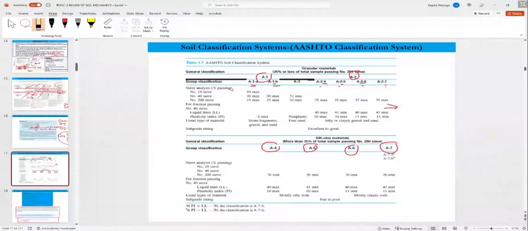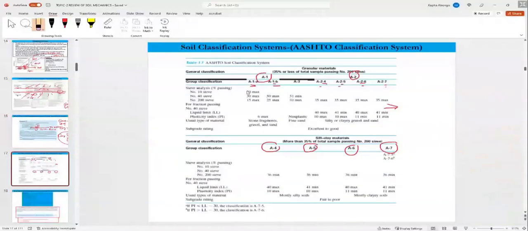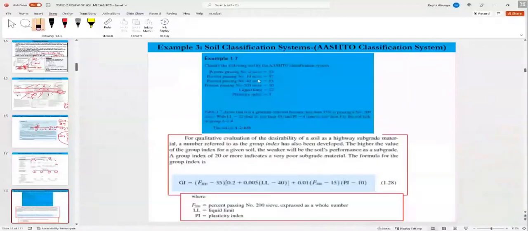Okay, so it'll be more than 50%. All right, so let's see this soil. Sieve number 10, 87% passing. Does it qualify for A1?